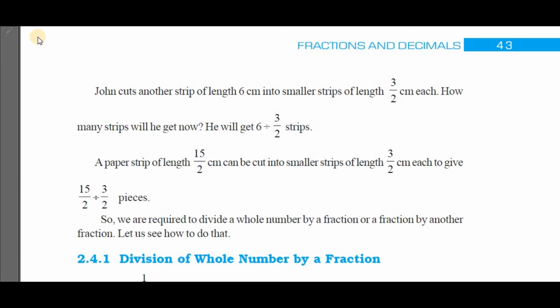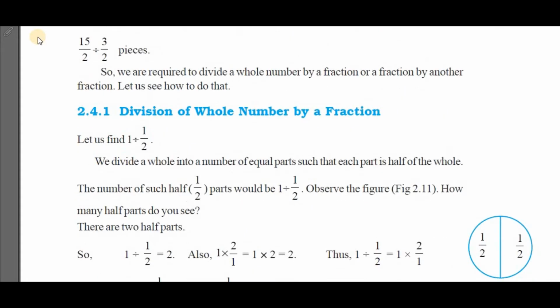So till now we saw how to do multiplication of fractions, and now we are going to see division of fractions. What are the things we saw in multiplication of fractions? A whole number multiplied by a fraction, a fraction multiplied by a fraction, and a mixed fraction multiplied by a fraction, right? These are the things we saw. Now in the same way, how to do division, a fraction by a fraction or a whole number by a fraction, that we will see now.